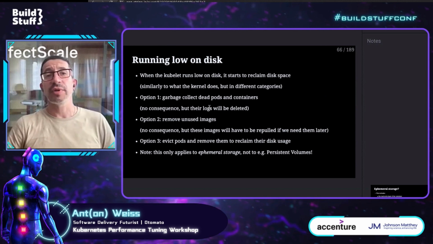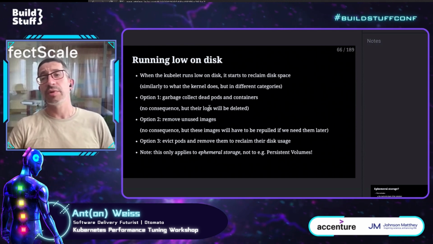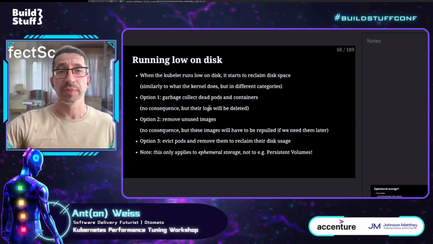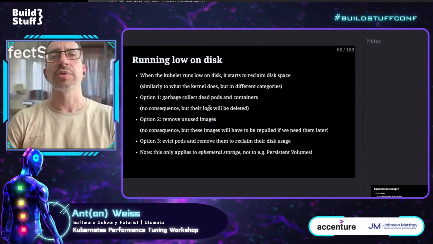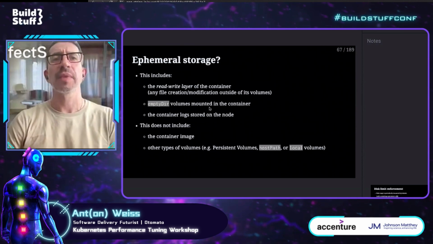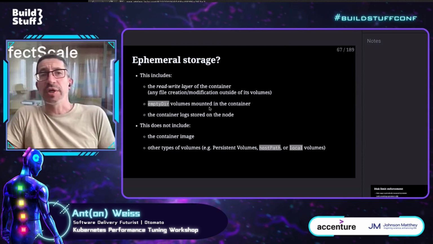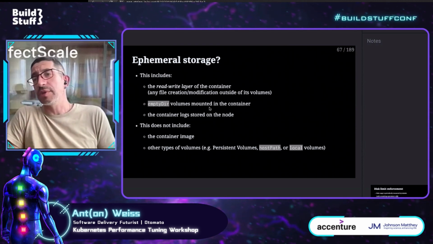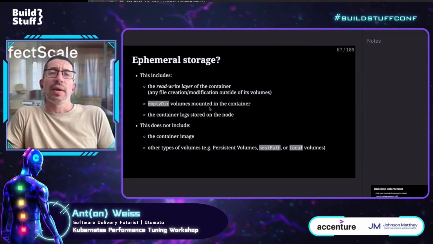And finally, option 3 is to evict pods and then remove their containers from the node in order to reclaim their disk usage. Now, this only applies to ephemeral storage, not to persistent volumes. The ephemeral storage includes the read-write layers of the containers, the volumes that are of type empty-dir, and the container logs that are stored on the node.